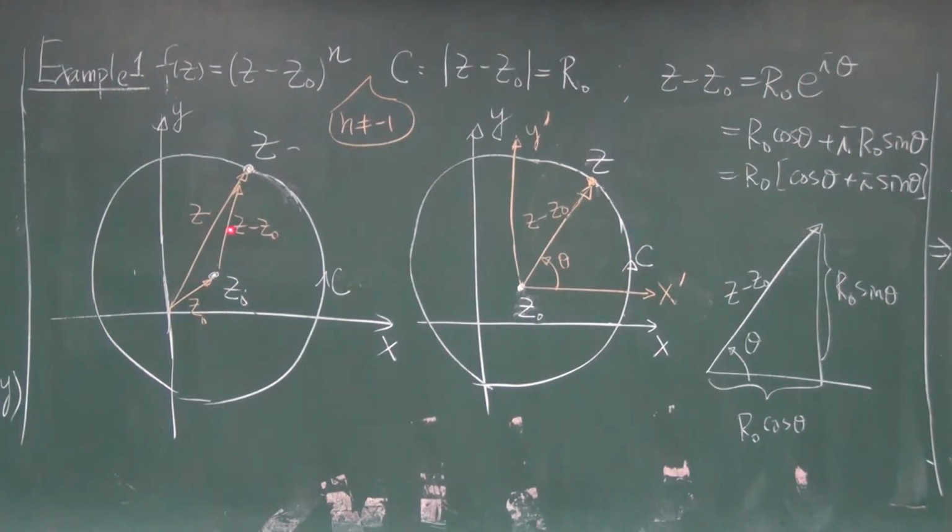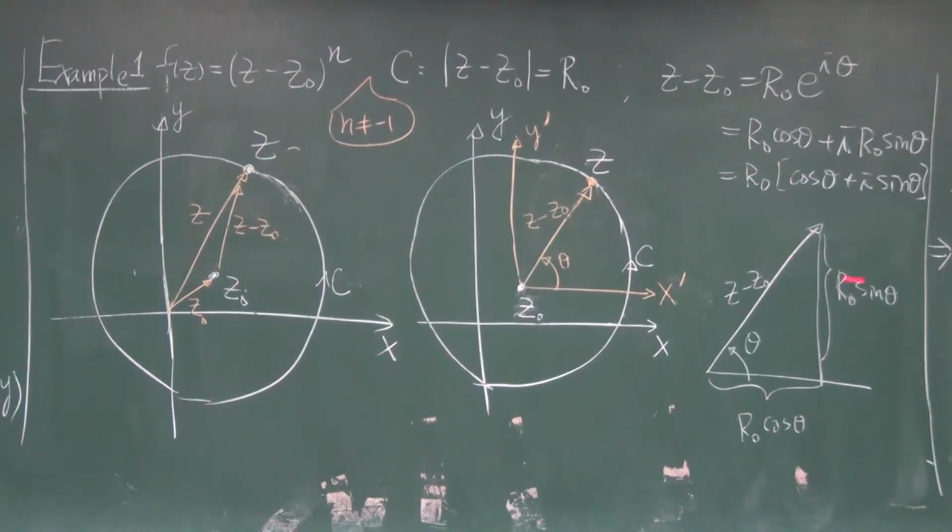The radius of this circle is r naught, and of course this is the same circle, so the radius is also r naught. So z minus z0 can be expressed as r naught exponential i theta.